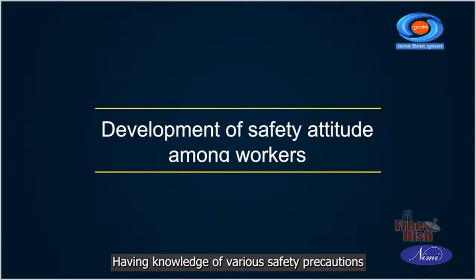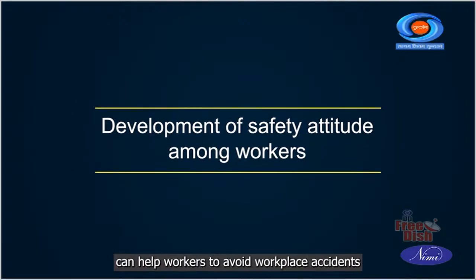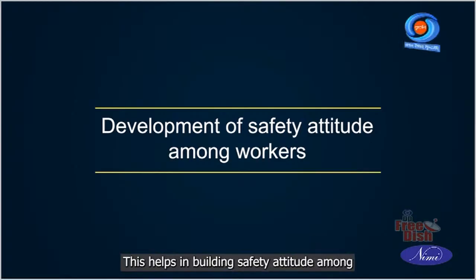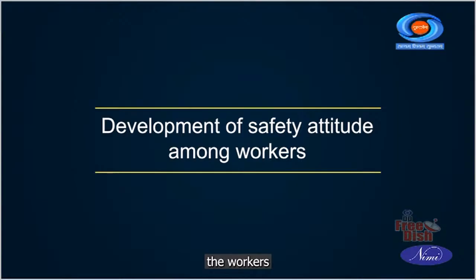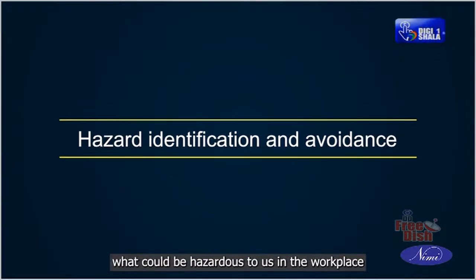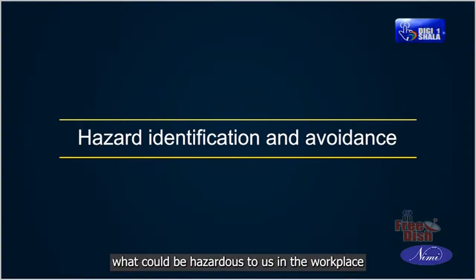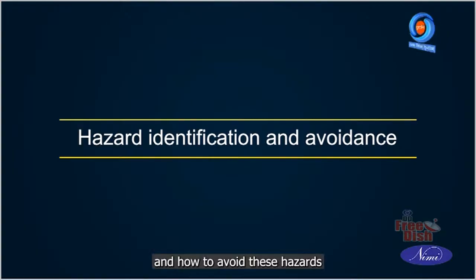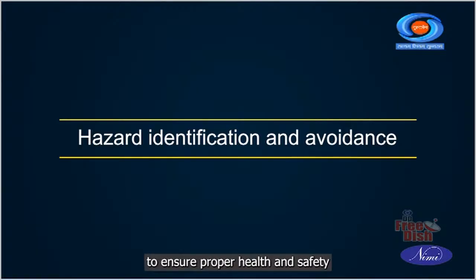Having knowledge of various safety precautions can help workers to avoid workplace accidents. This helps in building safety attitude among the workers. It's important to know what could be hazardous to us in the workplace and how to avoid these hazards to ensure proper health and safety.